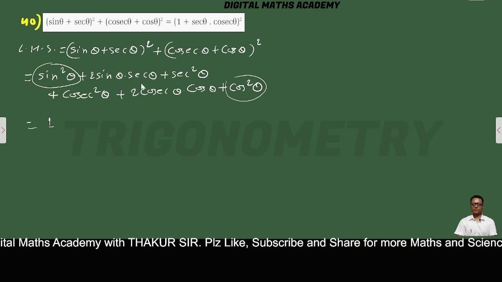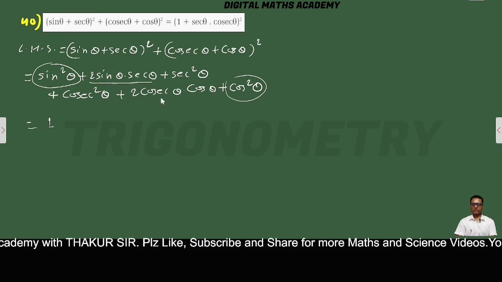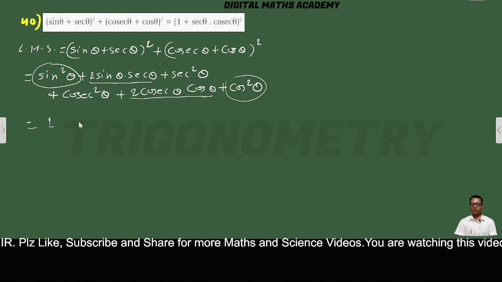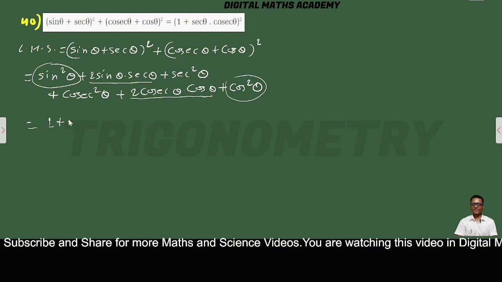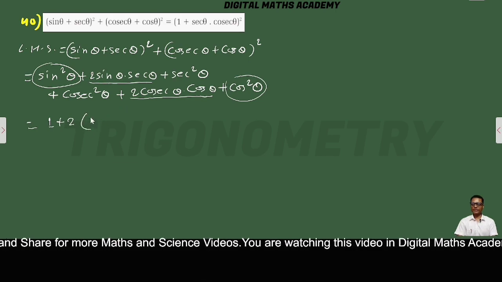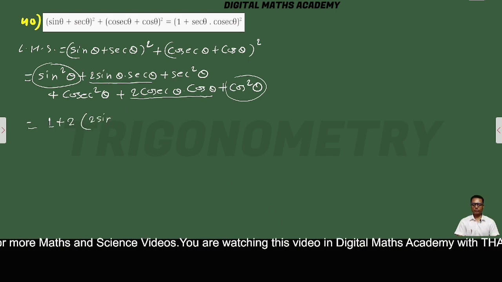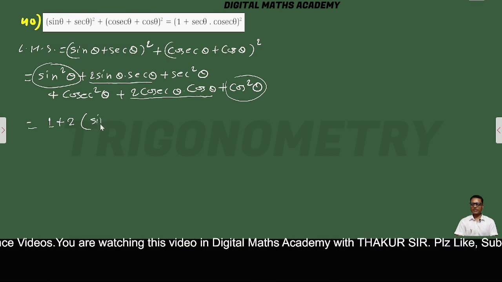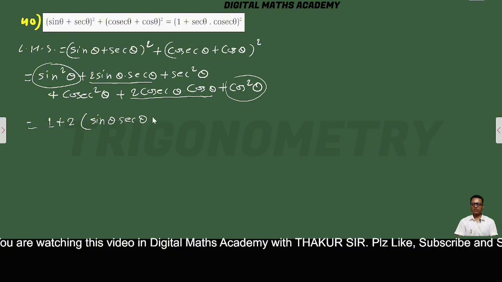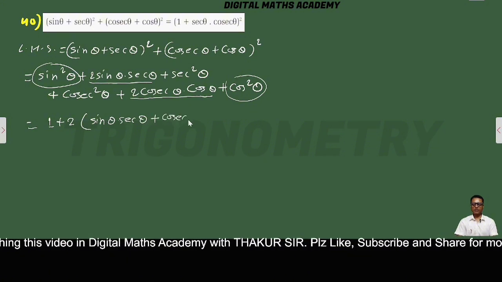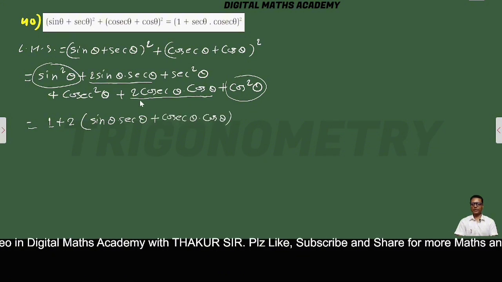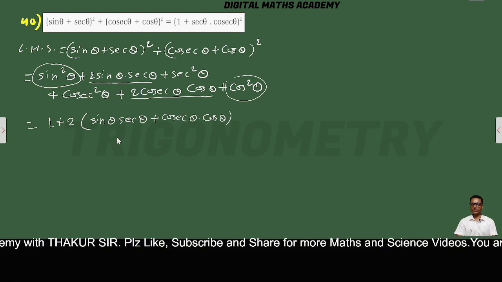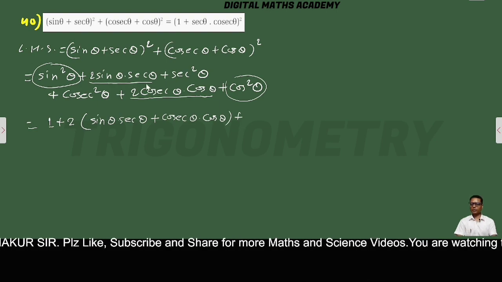And after that we have here 2 sin theta dot sec theta and 2 cosec theta dot cos theta. So we are going to take 2 common between them. So let's have 2 common, right? So we can write here only sin theta dot sec theta plus cosec theta dot cos theta, because we have taken common 2 between these 2 terms. And after that we have here sec square plus cosec square.